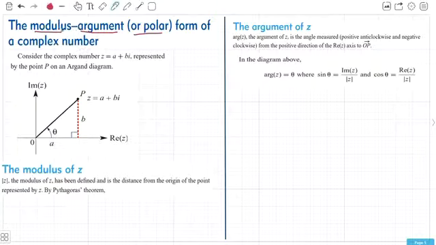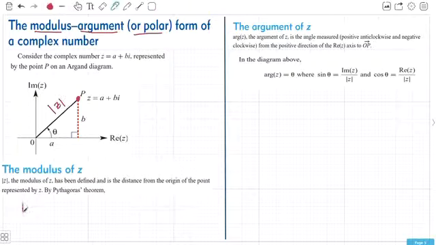The first part, the modulus, you've seen before, and I've just got some notes here on the modulus. Remember, the modulus is the distance from the origin, okay? If you're talking about a situation like this with an angle, with a complex number, which we'd call z up here, and if we were to create a triangle based on where that z is, a across and b up, then using Pythagoras, a squared plus b squared equals the length of this part squared, which we're going to call mod z.